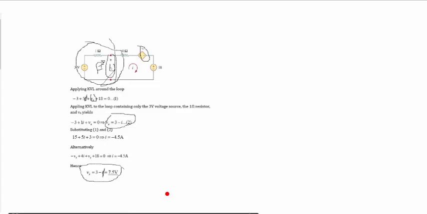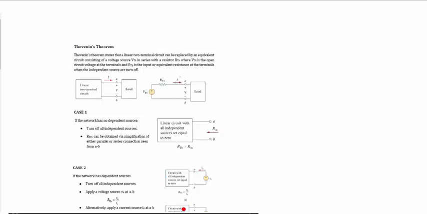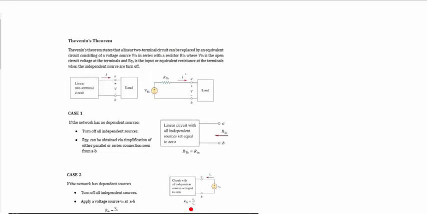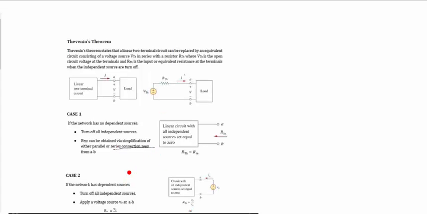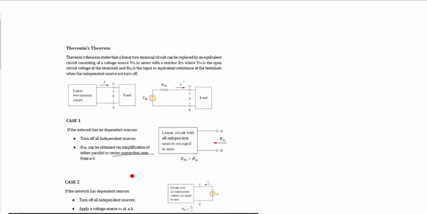Now we are looking at another application of it, which is Thevenin's theorem. Thevenin's theorem states that a linear two-terminal circuit can be replaced by an equivalent circuit consisting of a voltage source in series with a resistor RTH.